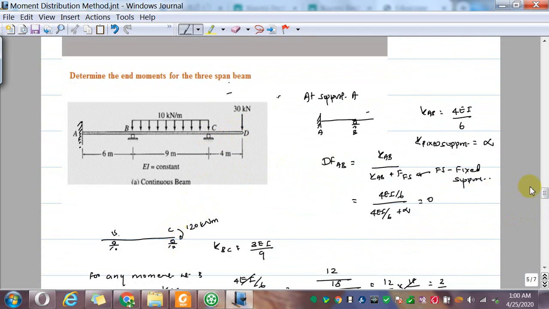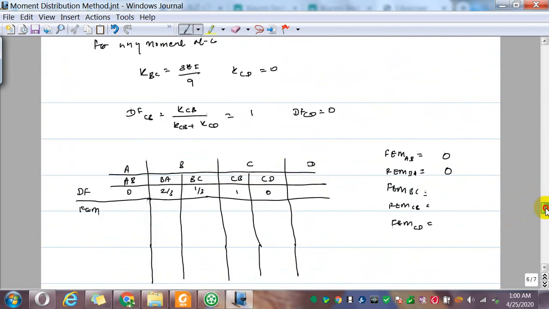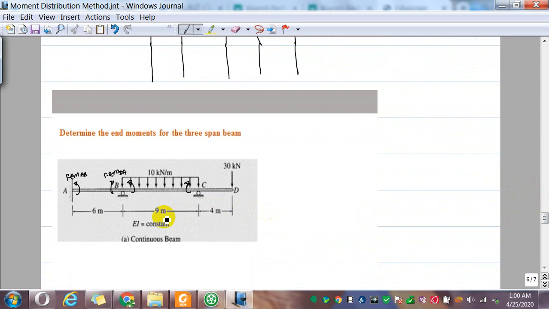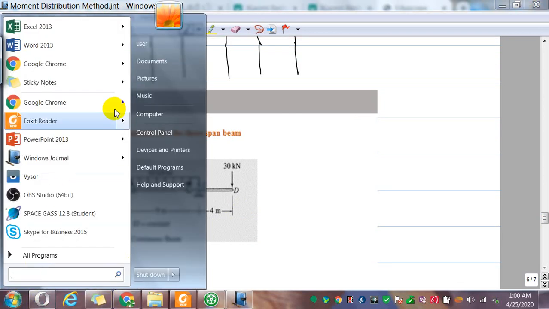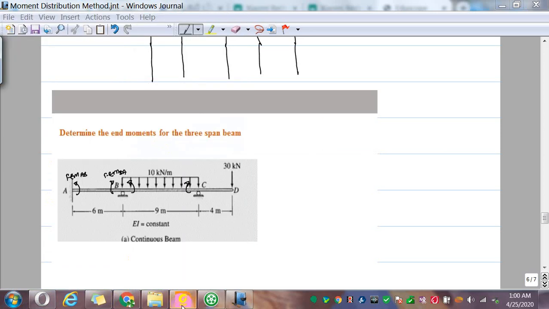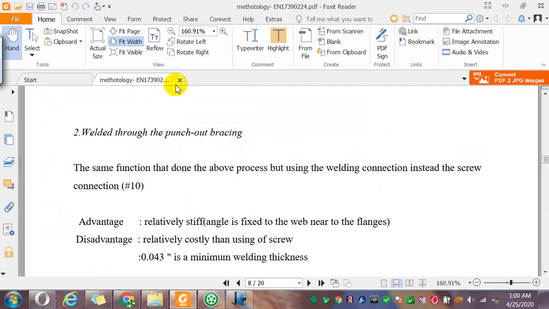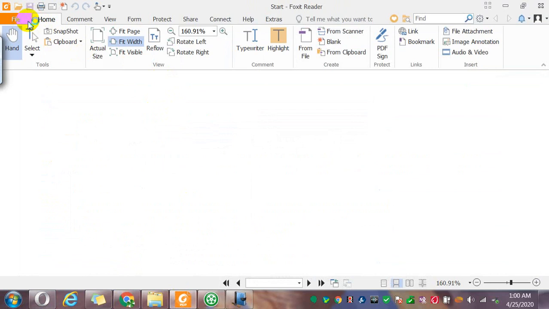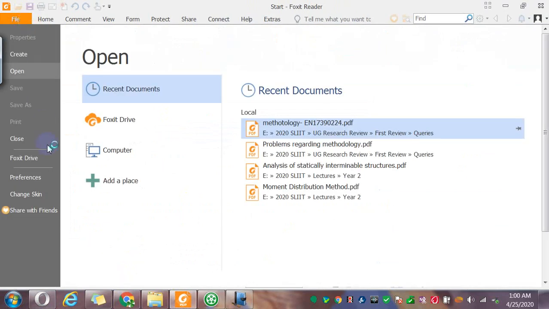So the far end is pin and B is fixed. In such a case, I think if you look at Hibbeler's book, let me open that.